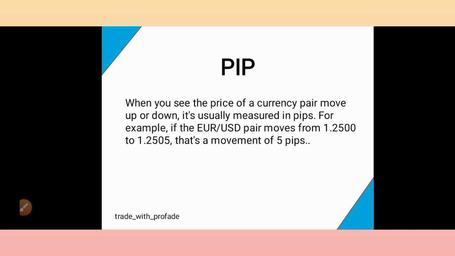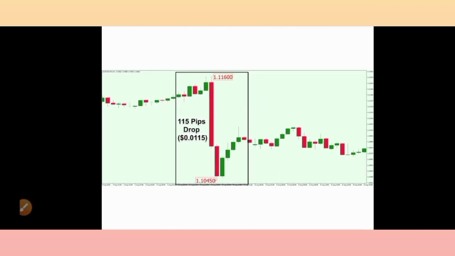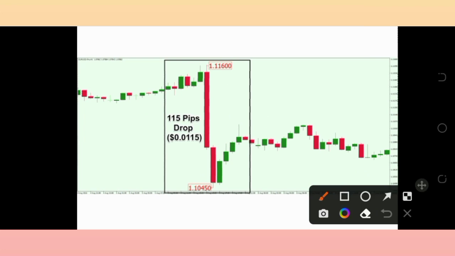Talking about stop loss and types of currency pairs, we are going to cover that in the next video. But for now, let's take another example just to drive our point home. Take a good look at this. We have the price at 1.11600 and it drops down to 1.10450.